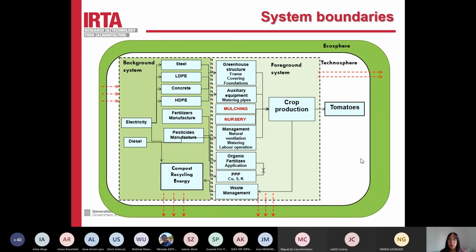It includes what's called the background system in the light green box and the foreground system in the gray box, where the background system comprises all the processes upstream of the agricultural field, such as the production of the plastic film and the resource extraction needed to create the plastic film. The foreground system comprises all the activities on the agricultural field, such as the application of the plastic film using machinery. Emissions from both systems are shown by the red arrows as being emitted into the environment, or as we call it, the ecosphere.